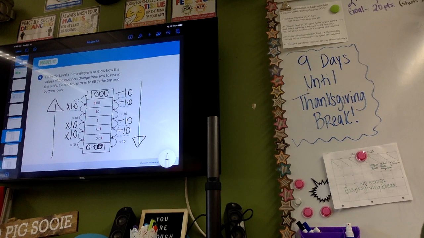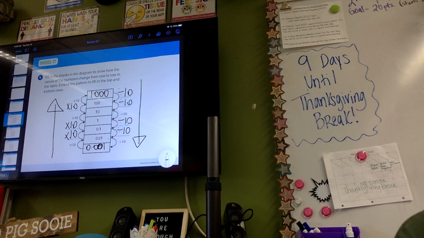It gets smaller. So this is the same thing. When you multiply, your answer should be bigger. When you divide, your answer should be smaller. Okay? Hopefully you know that 1,000th is less than 100th. All right, so let's keep going.